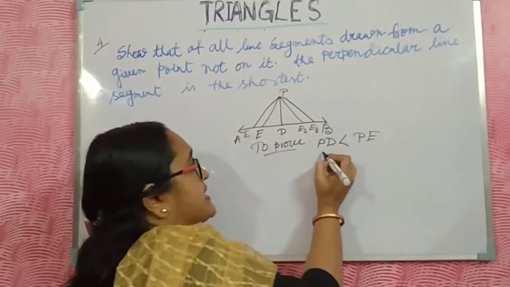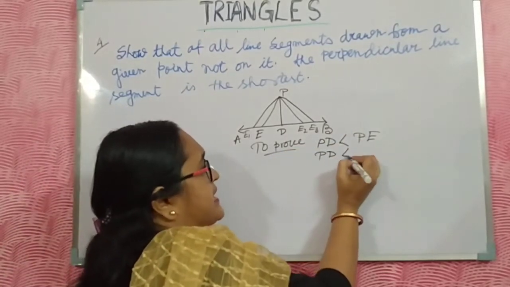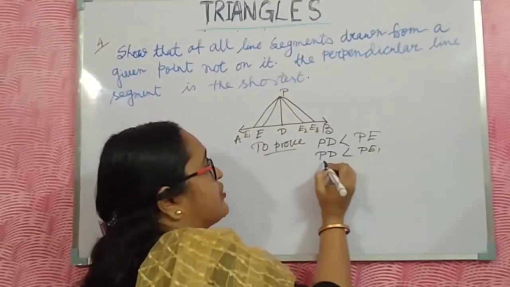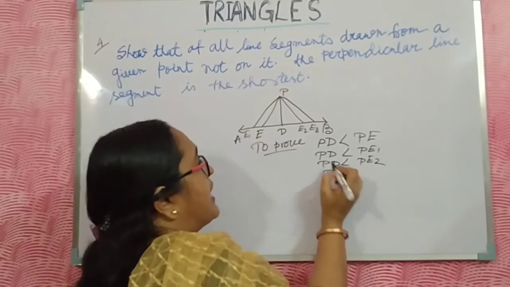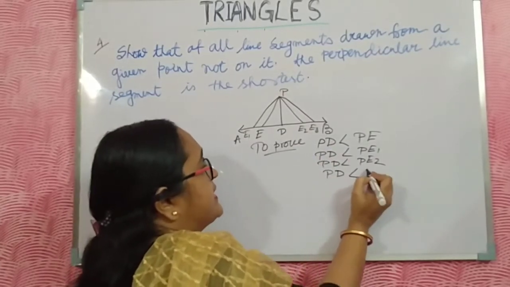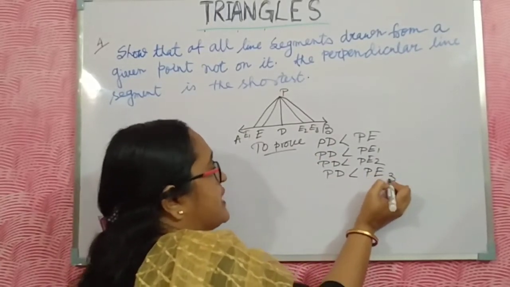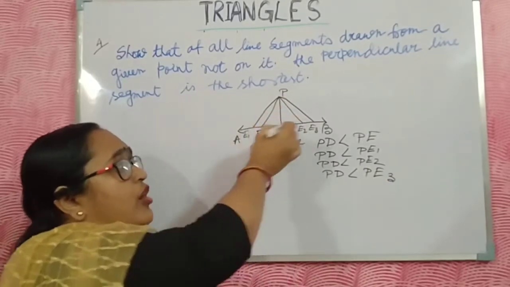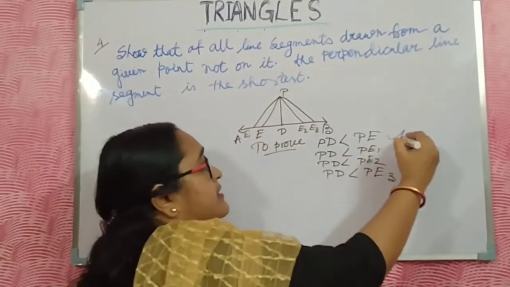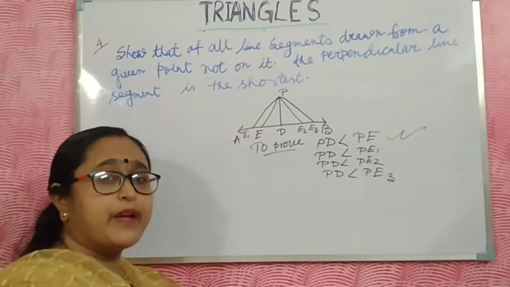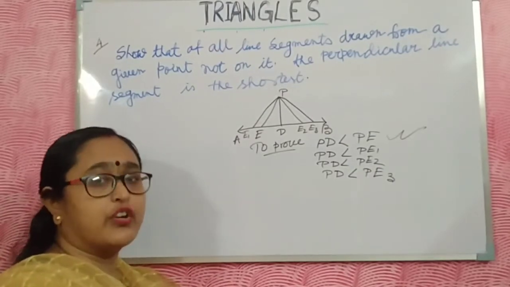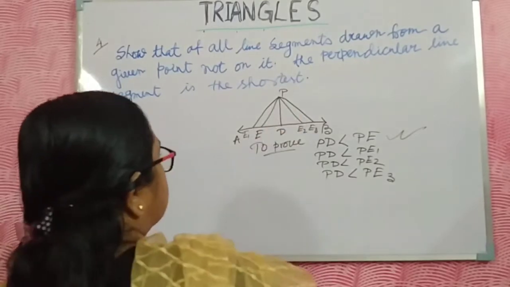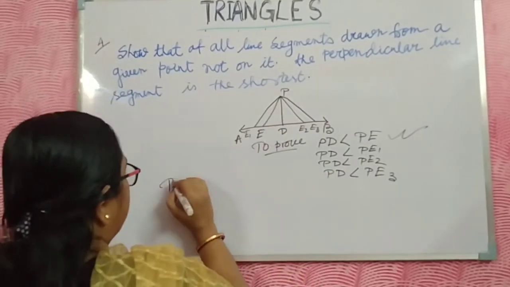So PD is less than PE, PD is less than PE2 also, and PD is less than PE3 also. If I prove any one out of these four, then you can say the perpendicular distance is the shortest distance. For proving, just start from here.